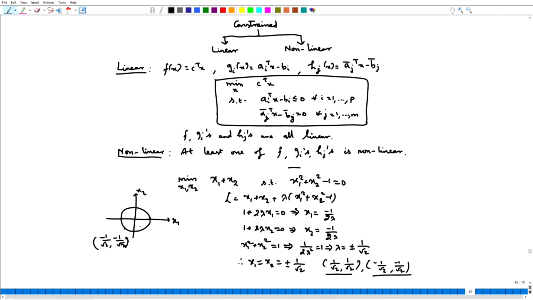Suppose I start somewhere here, and with a particular direction and step size I move here. I have already moved outside the constraint set. It is not clear how to use the constraint equation so as to get back to the constraint set.